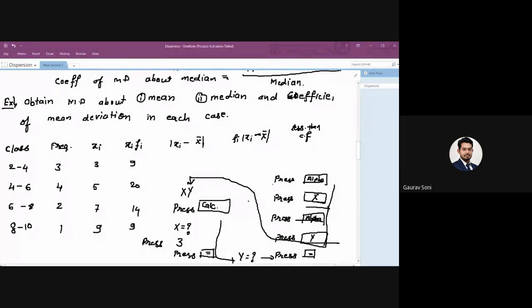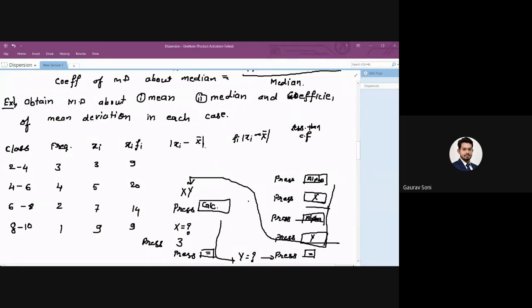Can you use this procedure, and because of this calculator, can you decrease the number of columns now? Which column can we reduce?